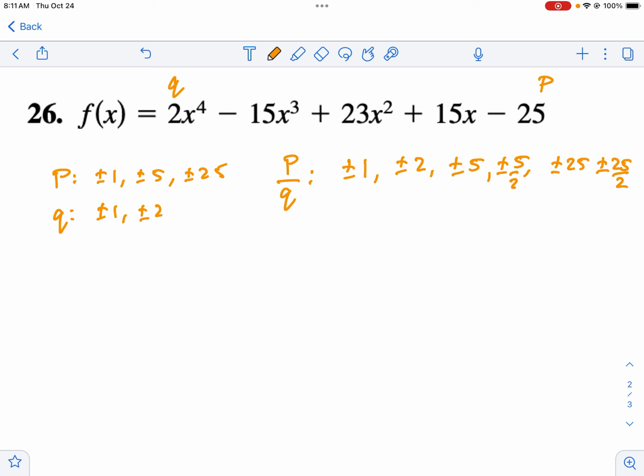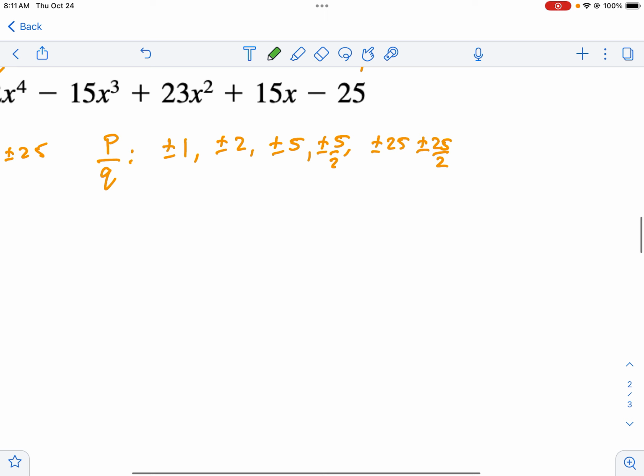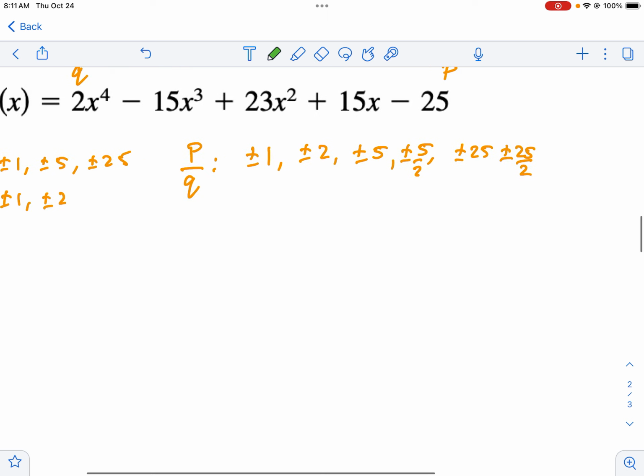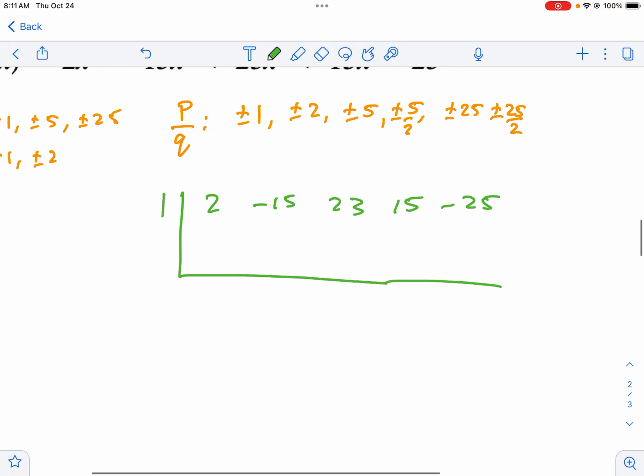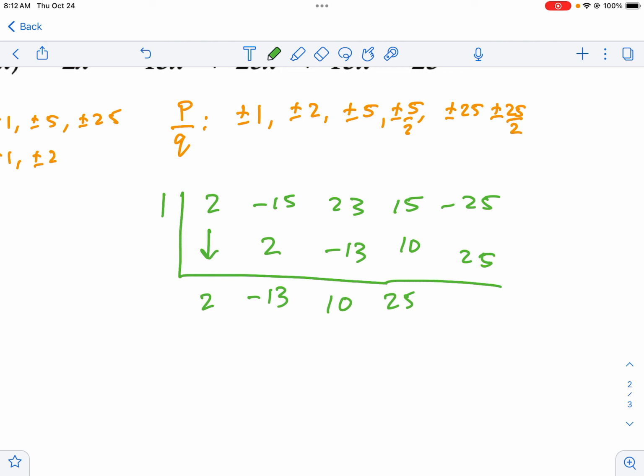Again, I want to check with the nice numbers first before I go to the fractions. And it's usually the smallest numbers. So I'm going to check a positive 1 and see what happens. So 2, negative 15, 23, 15, negative 25. Bring down that 2. So I have 2, negative 13, 10, 25, 0.